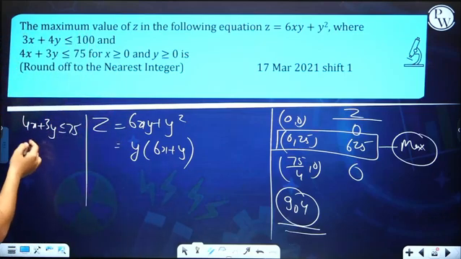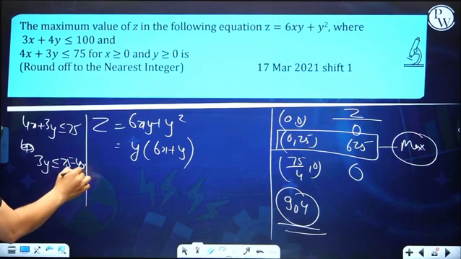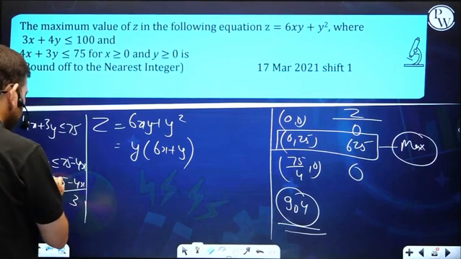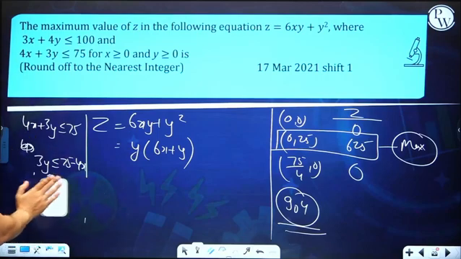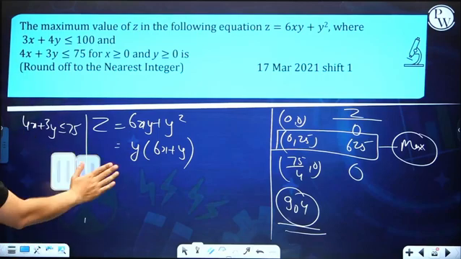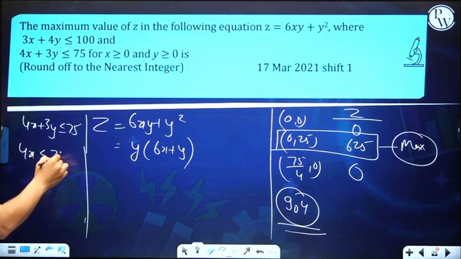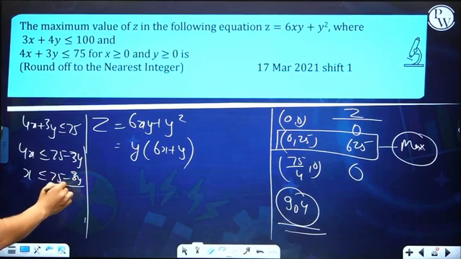So 4x is less than 75 minus 3y, so x is (75 minus 3y) by 4.